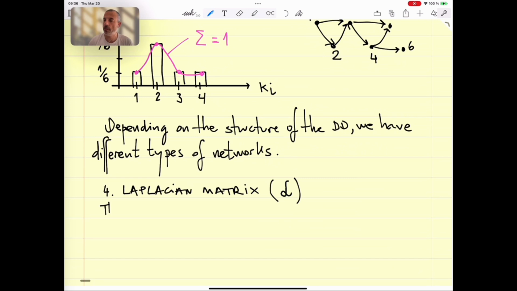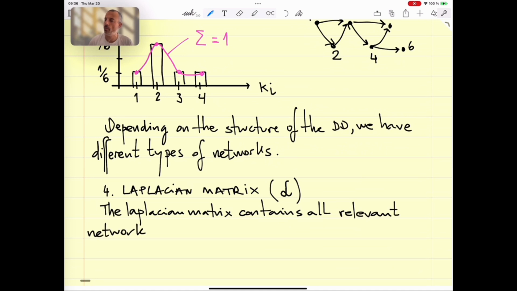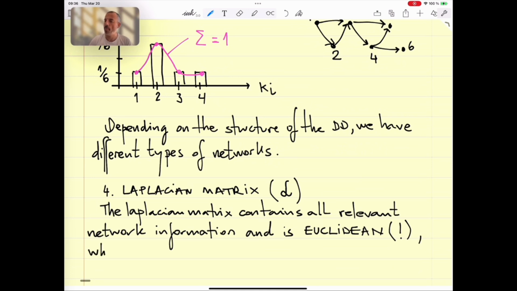So the Laplacian matrix contains all relevant network information and is Euclidean, whereas the graph is not Euclidean.